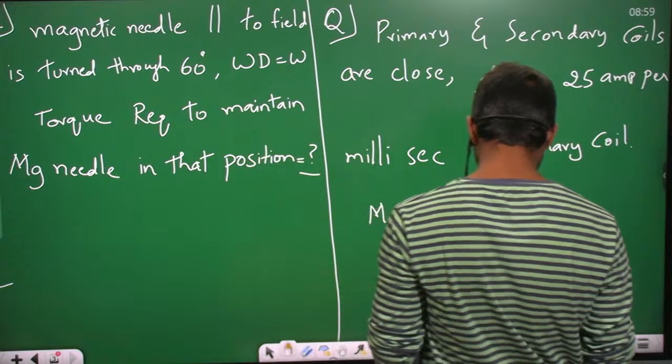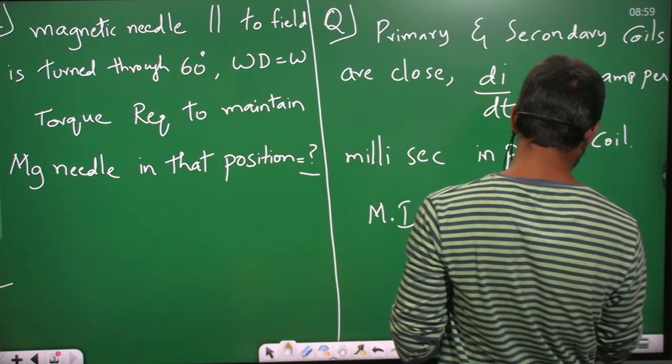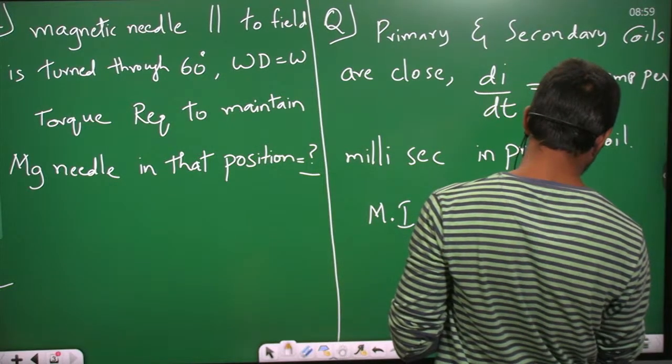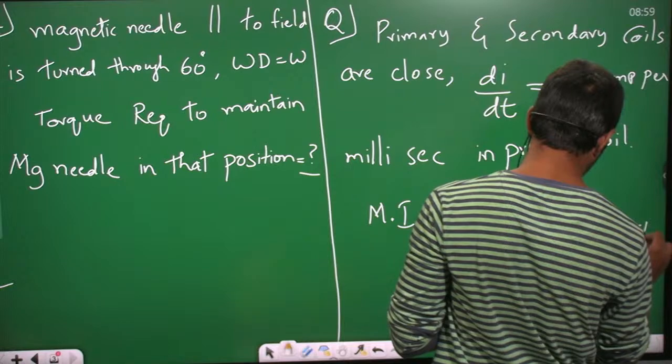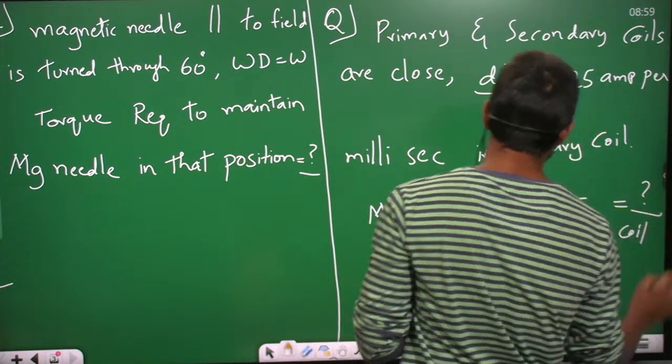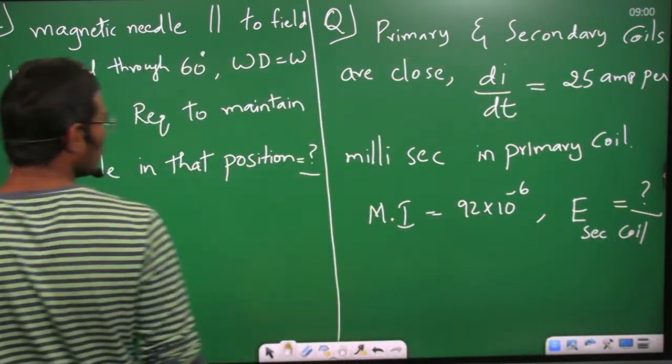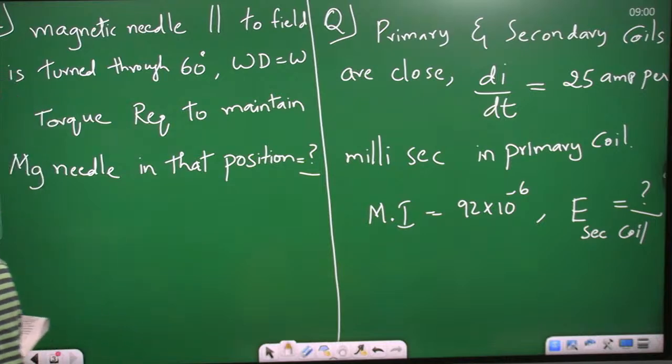Then the value of induced EMF in secondary coil. See, two coils, primary and secondary, are close to each other, and the current changes at a rate of 25 amps per millisecond in the primary coil. If the mutual inductance is 92 into 10 power minus 6 henries, then the value of induced EMF in secondary coil.